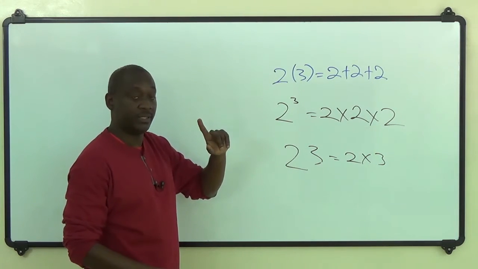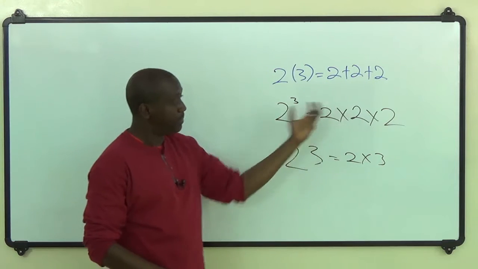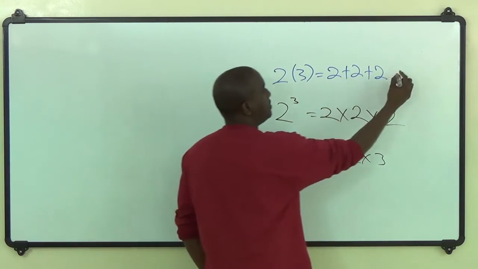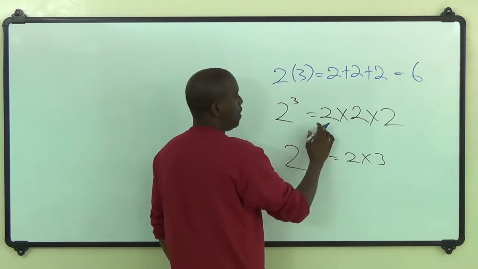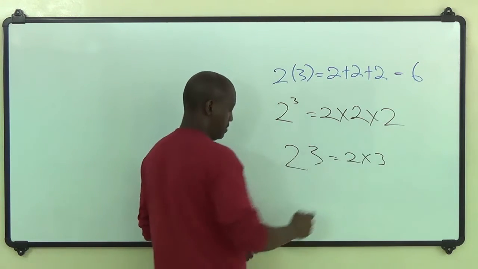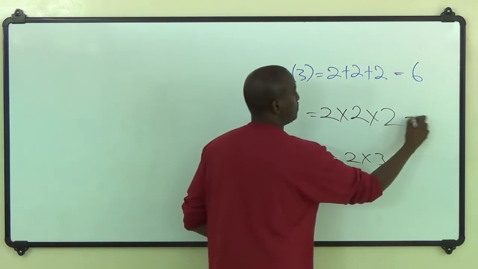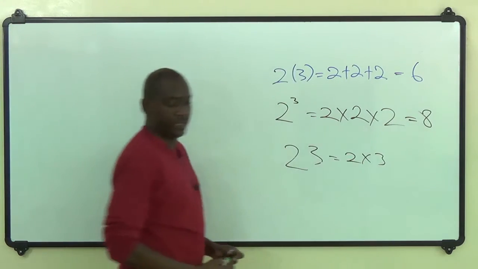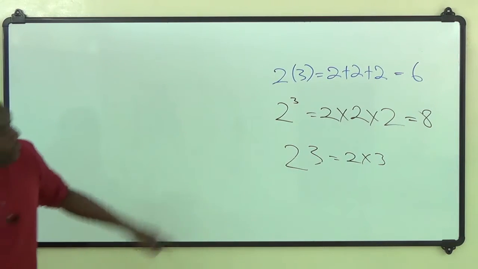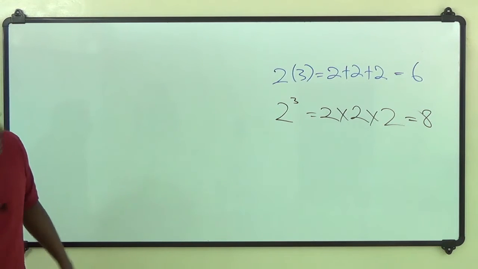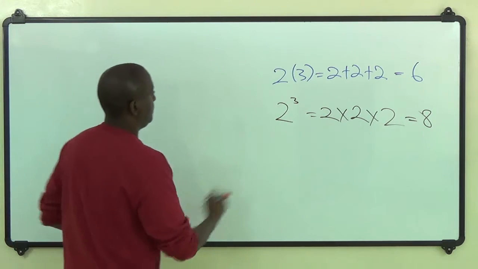Big difference, right? And this is a difference that people lose in translation very often. So 2 plus 2 plus 2 is equal to 6. 2 multiplied by 2 is 4. Multiplied by 2 is 8. Right. So this is what we refer to as multiplication.